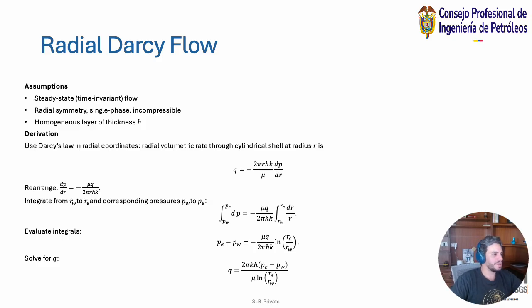The way we derive this is you replace the area in the equation with the surface area of a cylinder, and then you replace the pressure gradient with respect to the radius, right? So 2 pi rh becomes your area equation.